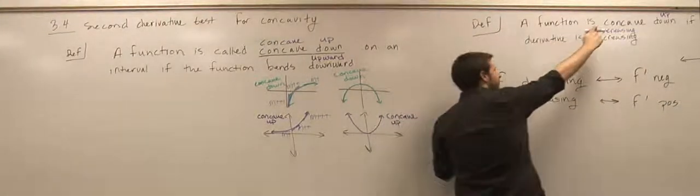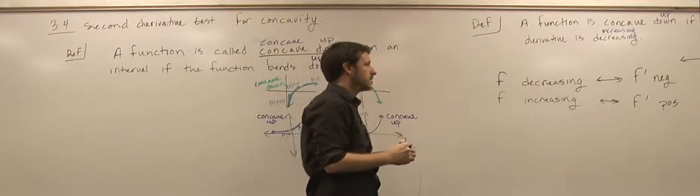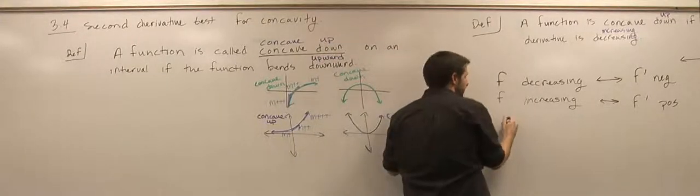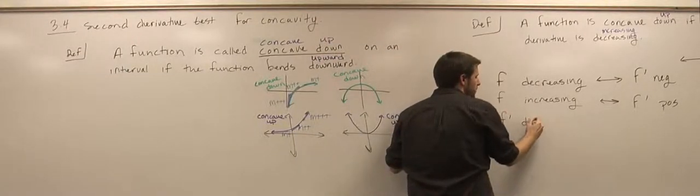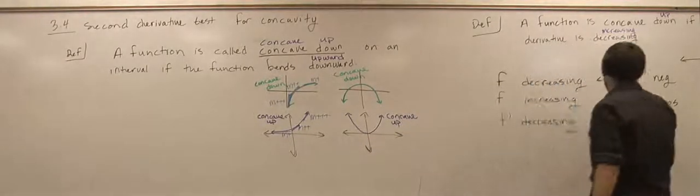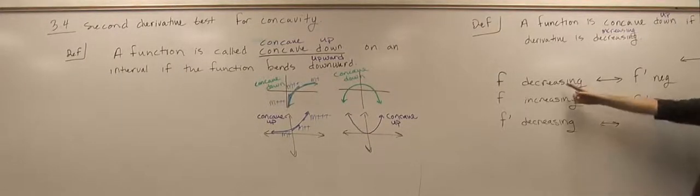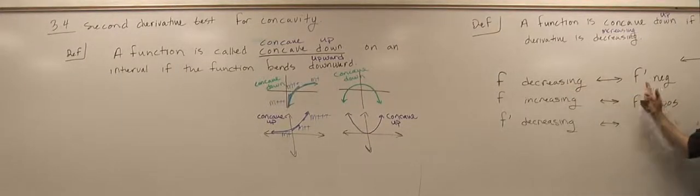But this is saying that f prime is increasing. And f prime is decreasing. So f prime will be decreasing when what? So f decreasing means f prime negative.